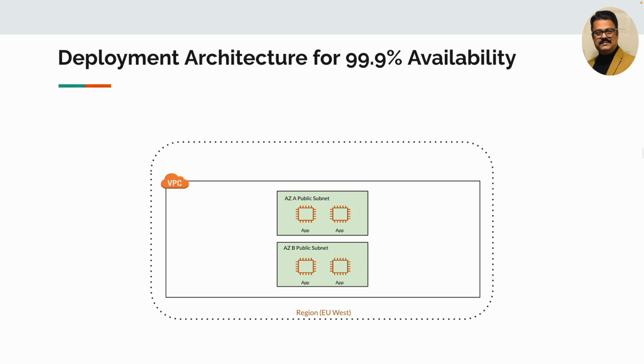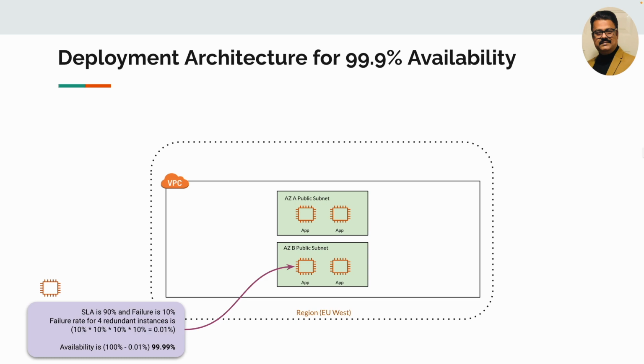The first component for us will be the EC2 instance, where we are going to run our application. The cloud provider has a baseline SLA for EC2 instances, which is 90% in a single zone or a subnet, which also means that the failure rate for an EC2 instance is 10%. As you can see, we got 4 redundant instances, which means we multiply our failure rate for all 4 instances, which is 0.01%.